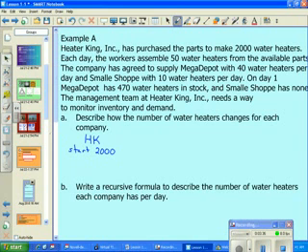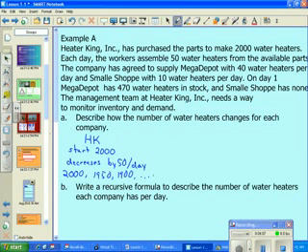So, for instance, this Heater King company sells off 50 water heaters every day, so it decreases by 50 per day. The sequence formed by this is the set of numbers 2000, 1950, 1900, and so on. So basically this pattern defines that sequence.